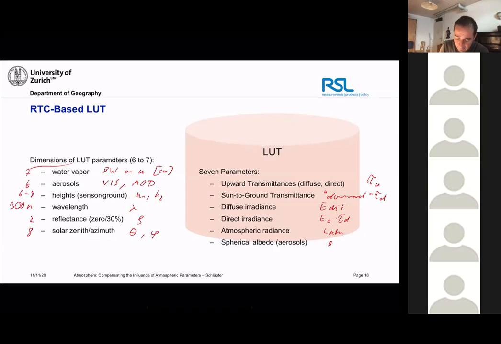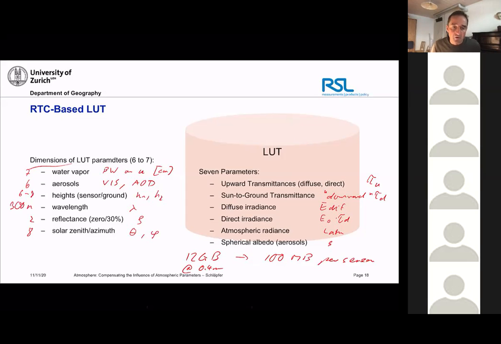So the lookup table at first, if you do the first calculation, has a size of about 12 gigabyte. That's what you get if you have a higher spectral resolution. Of course, if you have fewer wavelengths and so on, then you can go down to about 100 megabyte per sensor. That's at 0.4 nanometer resolution. You get the original lookup table, and there are a lot of calculations involved.